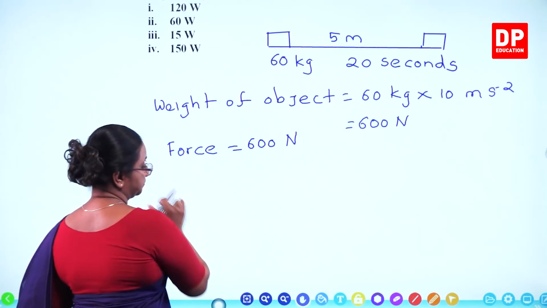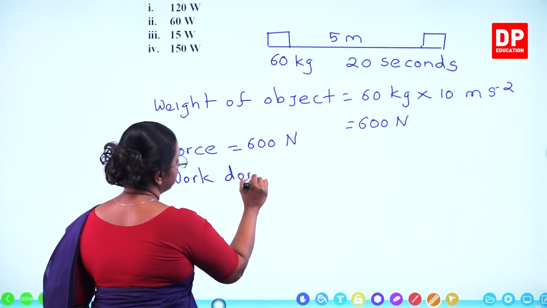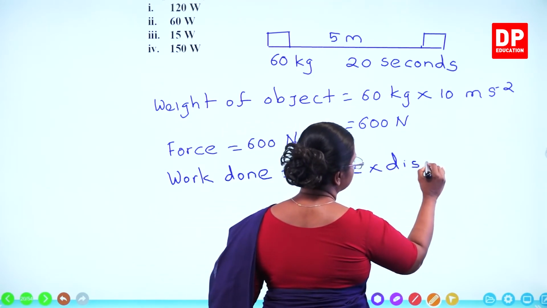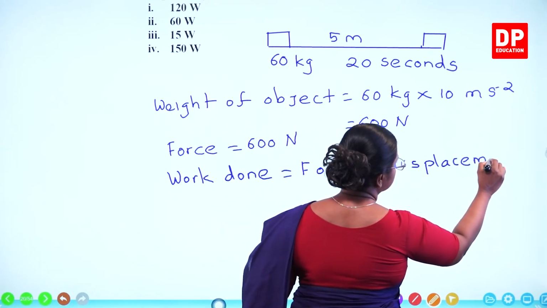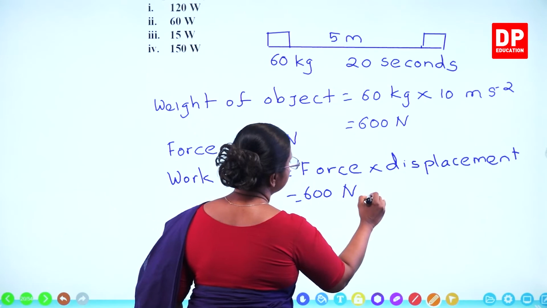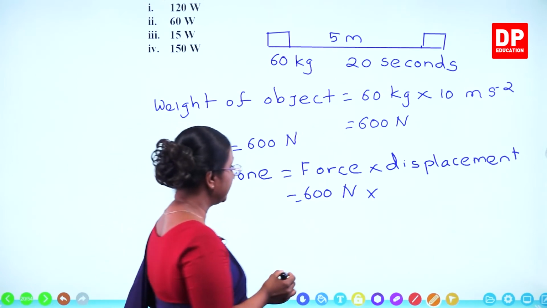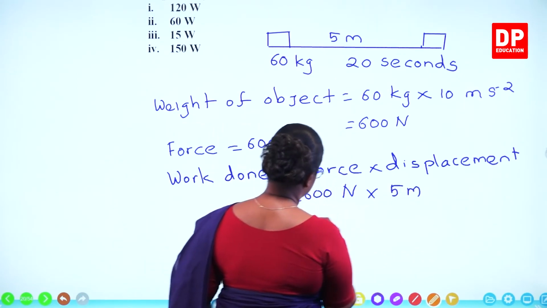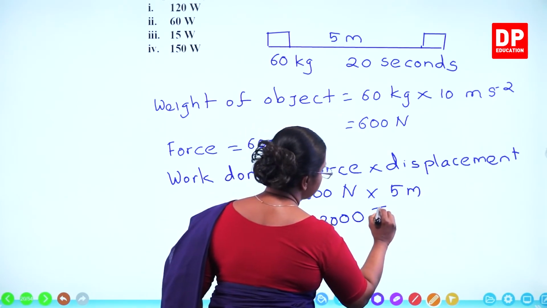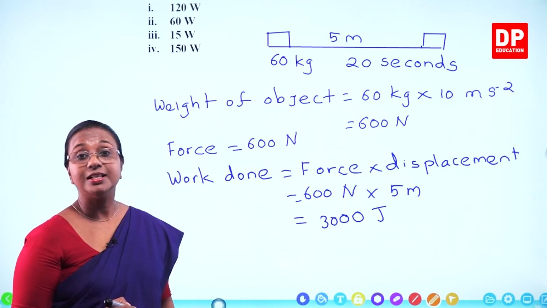Then work done. Work done is force into displacement. That is going to be 600 newtons. Here you can see the distance moved by the object or the displacement is 5 meters. So 5 meters. That is going to be 3000 joules. Newton meters, that is equal to joules. But they want you to calculate the power.